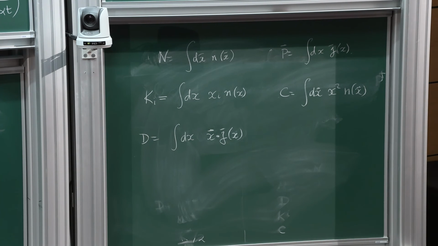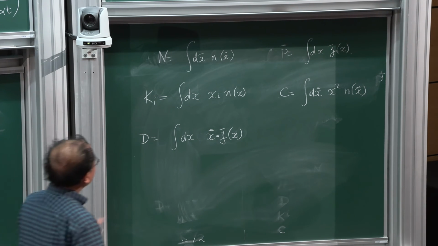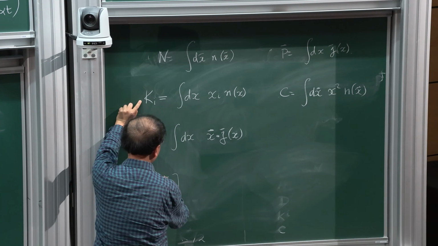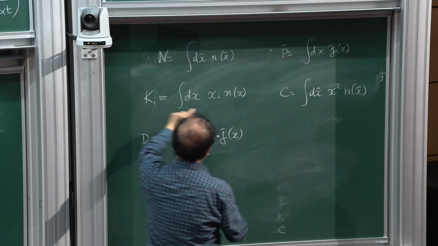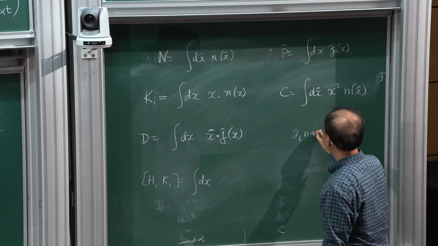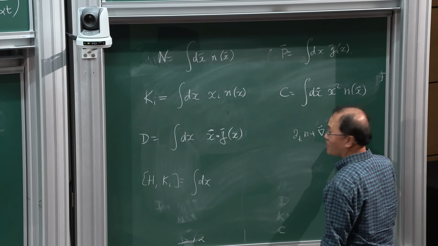So is the first operator related to the dipole? The operator K is, in some theories, associated with the dipole symmetry. Now, normally the operator K does not commute with the Hamiltonian. We can actually see how: the commutator of the Hamiltonian with K is the integral dx of the derivative of n, right? But there is a continuity equation, dt of n plus divergence of j equal to 0.